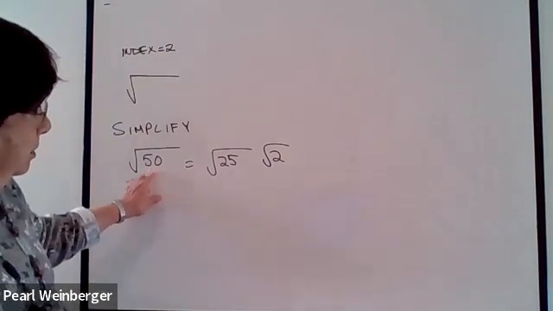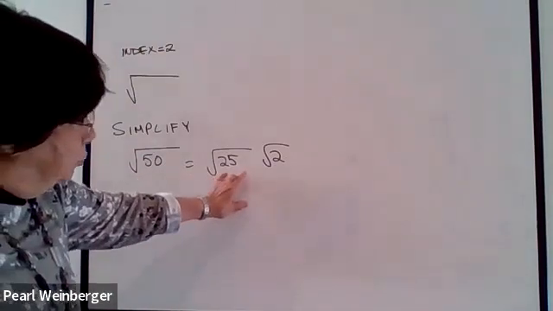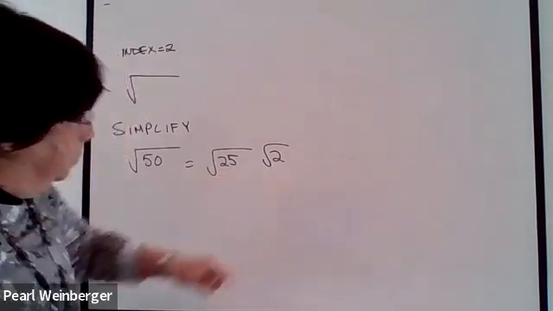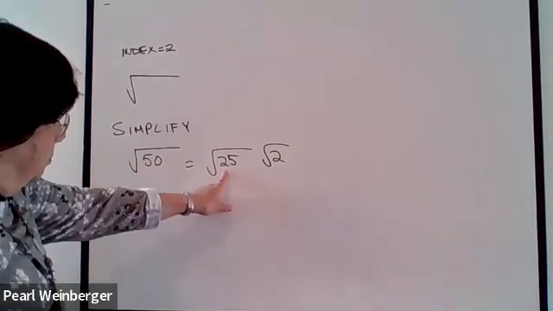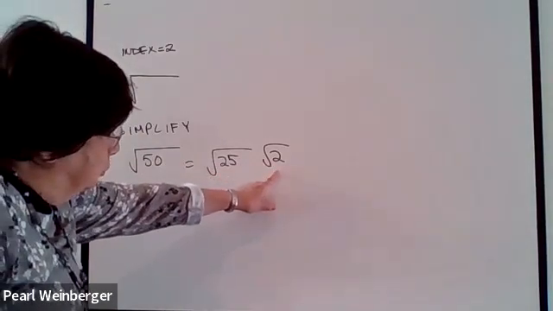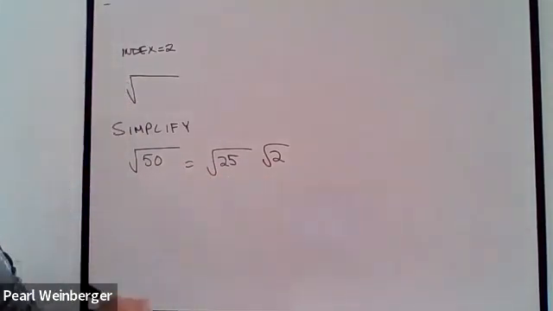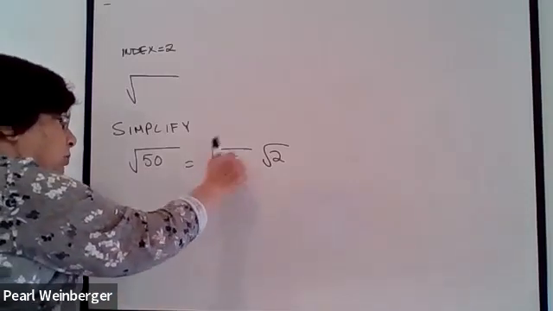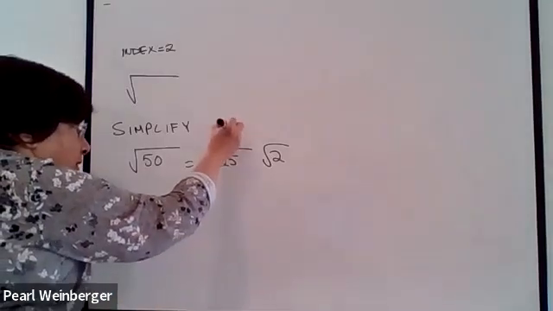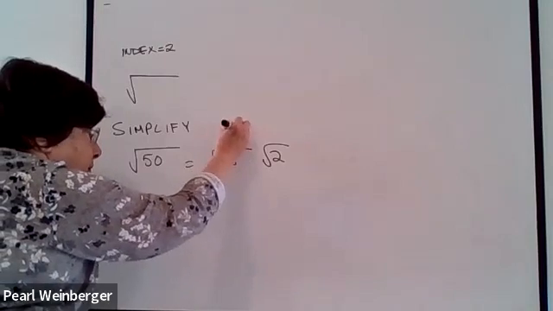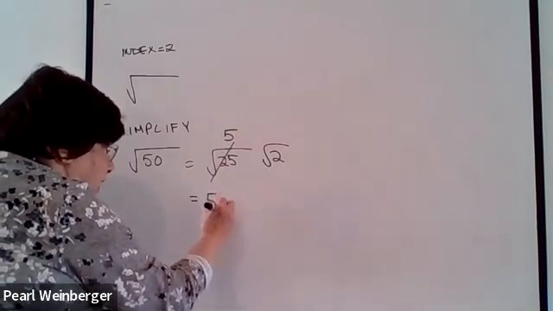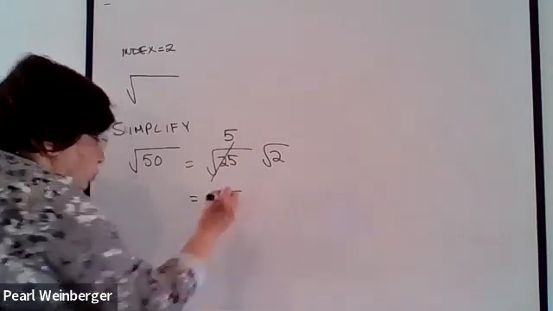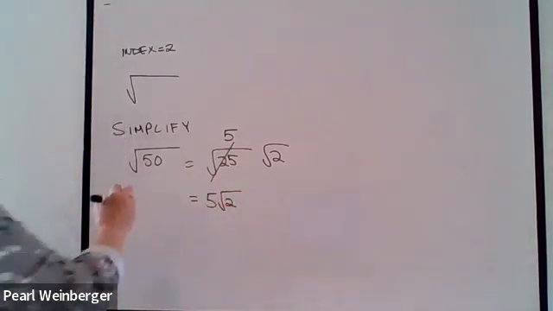Okay, so we take this 50 that breaks up into 25 and 2, and we separate it into the square root of 25 times the square root of 2. And then I can take the square root of 25, that's a perfect square, so I can just write it as 5. My answer then becomes 5 square root of 2, or 5 radical 2.